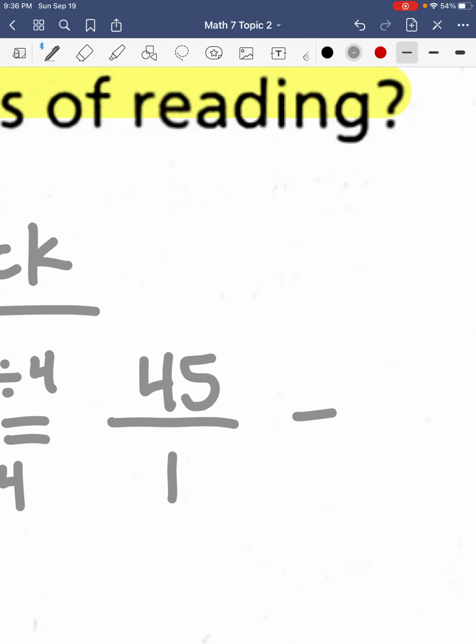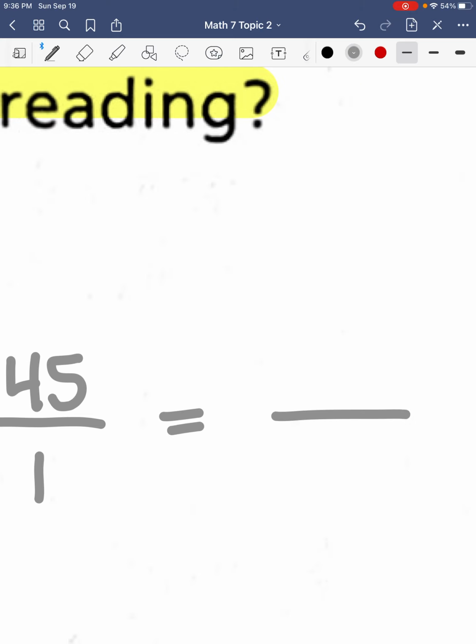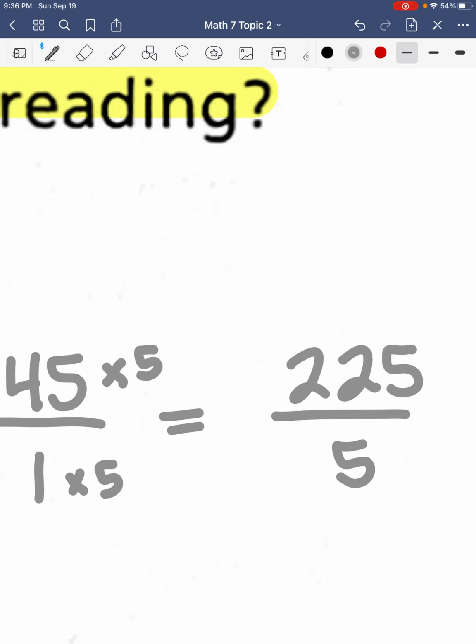But I want to know, will he finish a 215-page book in 5 hours? So to go from 1 to 5, I'm multiplying times 5. So I'm going to do the same thing on the top. 45 times 5. When I put that into my calculator, I get 225. So Zach is able to read 225 pages in 5 hours.